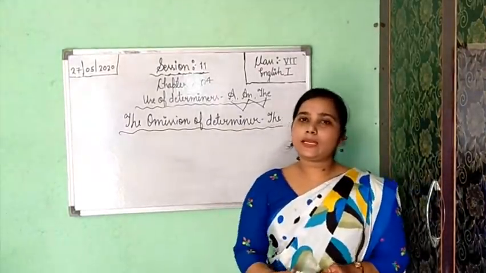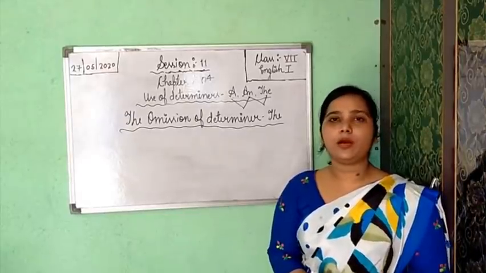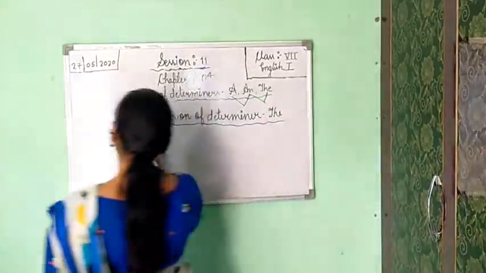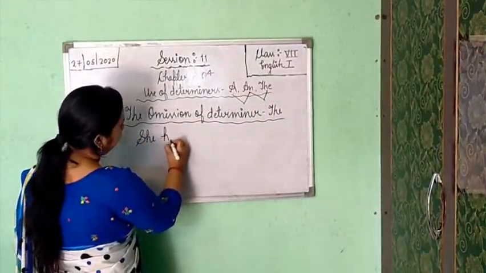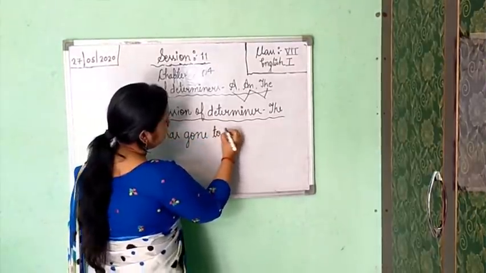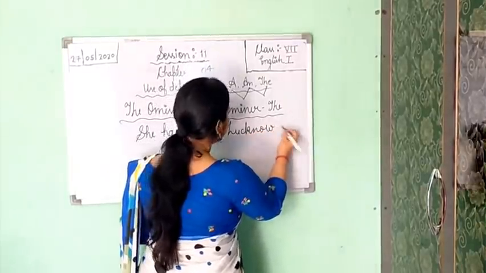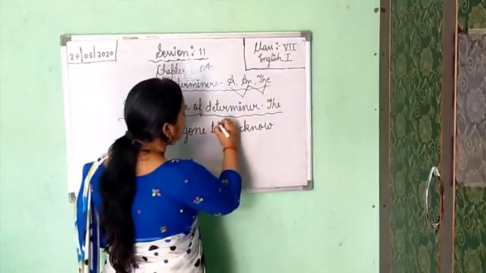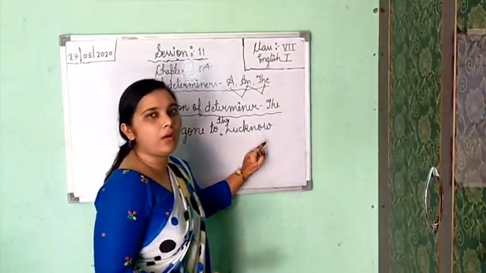First, when you are getting a proper noun, always remember before a proper noun we don't have to use "the". For example, she has gone to Lucknow. Here I have written she has gone to Lucknow. But if you are getting she has gone to the Lucknow, as you know, Lucknow is a proper noun.